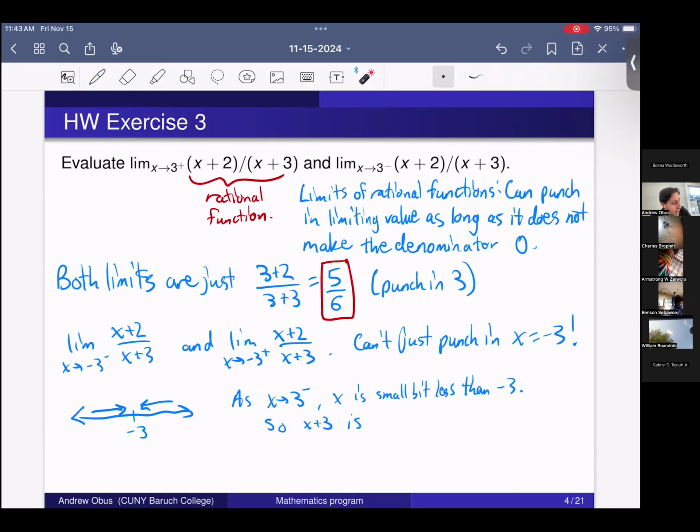Because x is less than -3. It'll be a negative value, right? Because x is a little bit less than -3. So when we add 3, it's going to be a little bit less than 0. So x plus 3 is a small negative number.